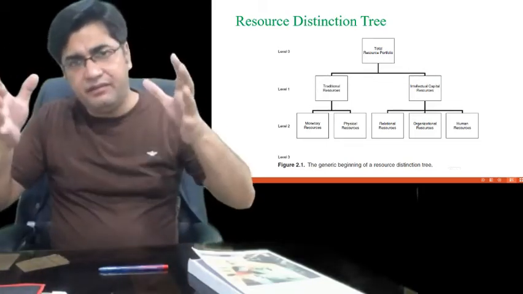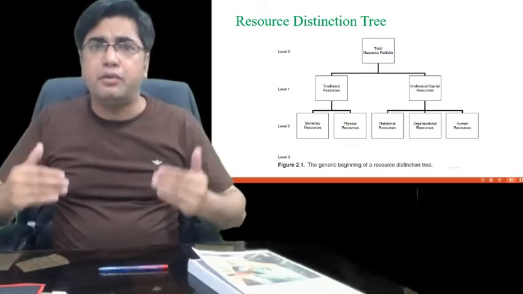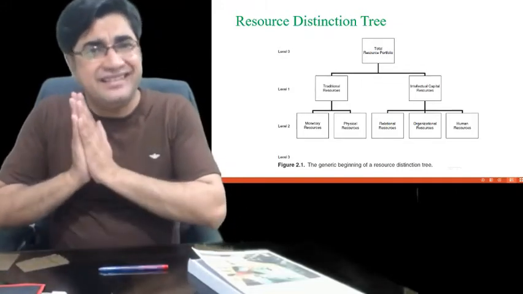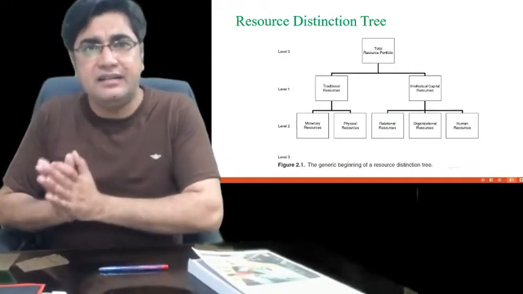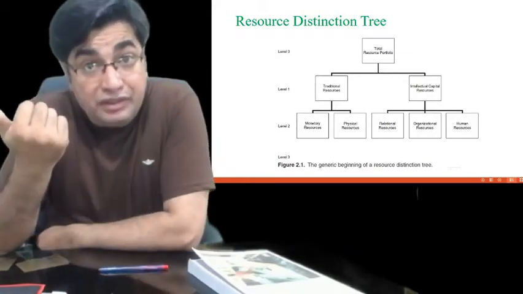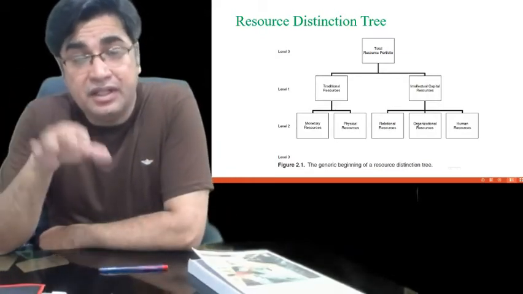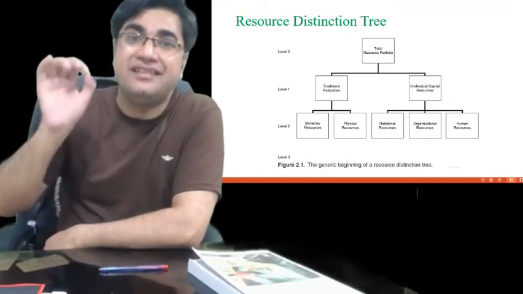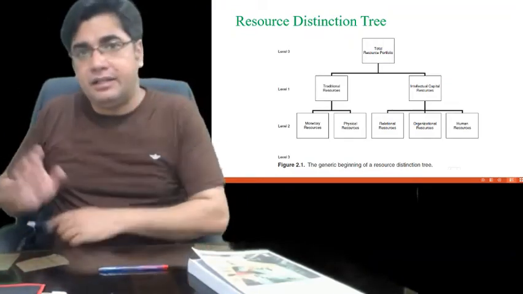So in this way we can build the resource portfolio of an organization with the help of the resource distinction tree, RDT. Maybe I pronounced it as a resource decision tree, so if I pronounced it as a resource decision tree, please pardon me, because it's a resource distinction tree, RDT.